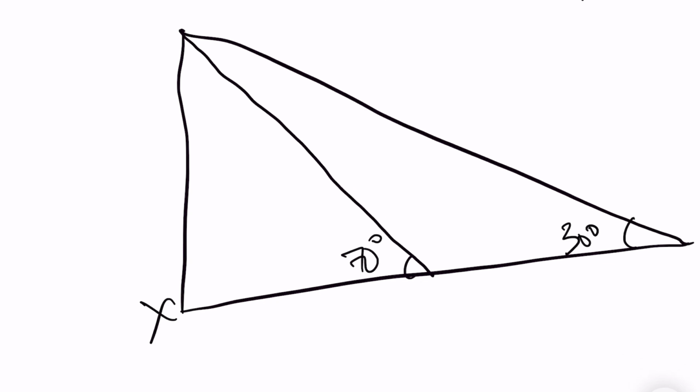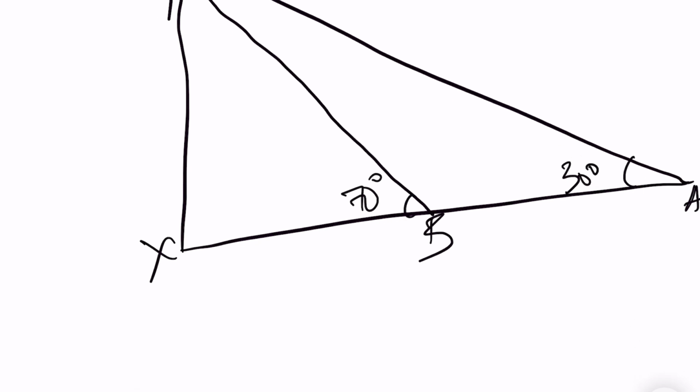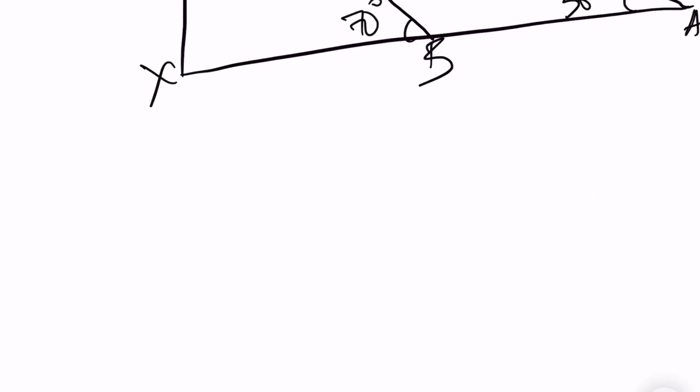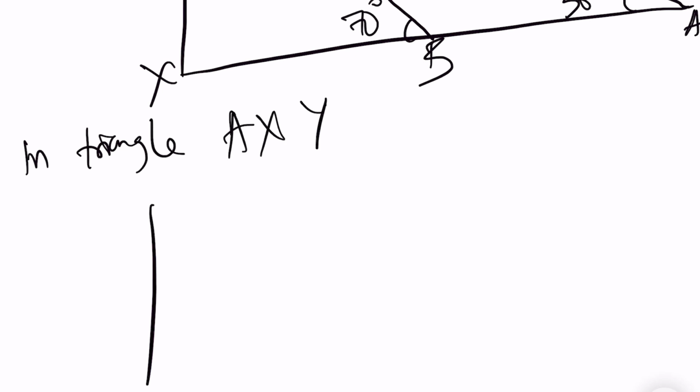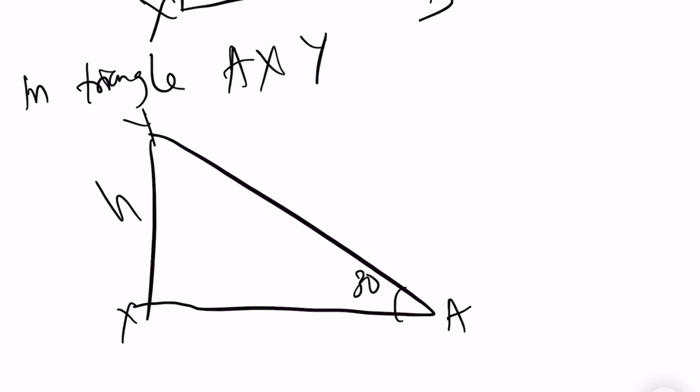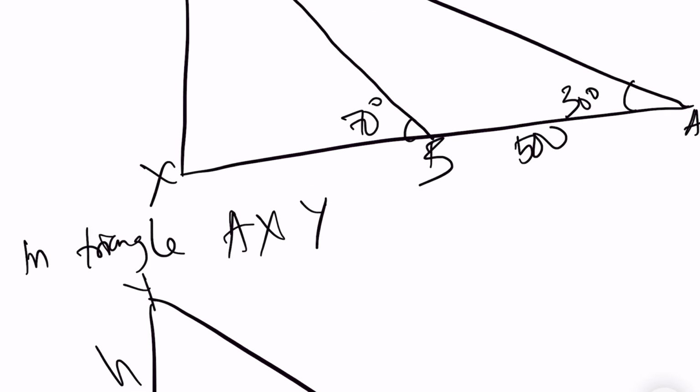Here we have X, Y, B, and A. Now in triangle AXY, where we said AB is 500 meters, here is 500 meters. So our first question is to find BX.